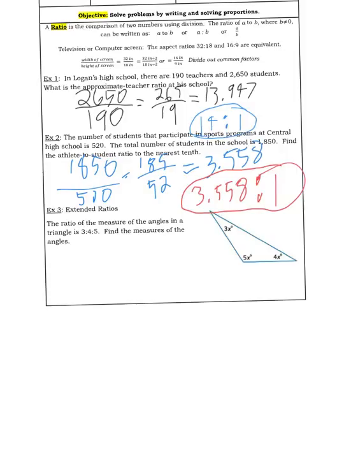And so here we have this triangle, 3x is an angle, 5x is an angle, and 4x is an angle. So the ratio, I guess you'd see it something like this: 3x colon 4x colon 5x.